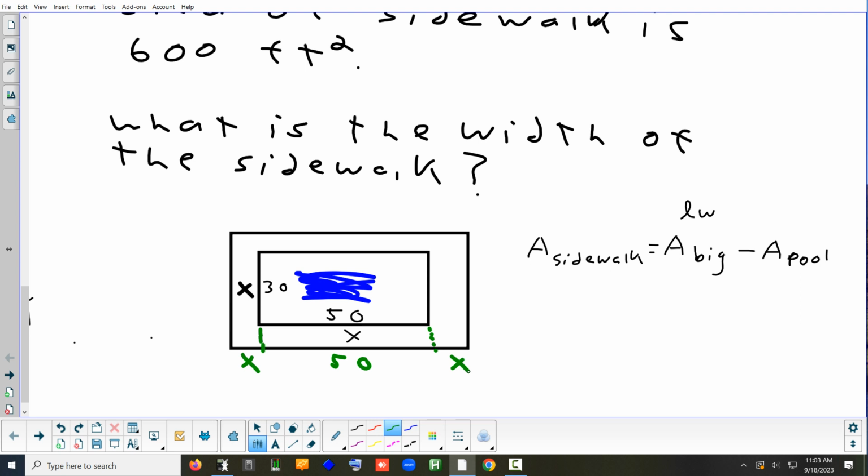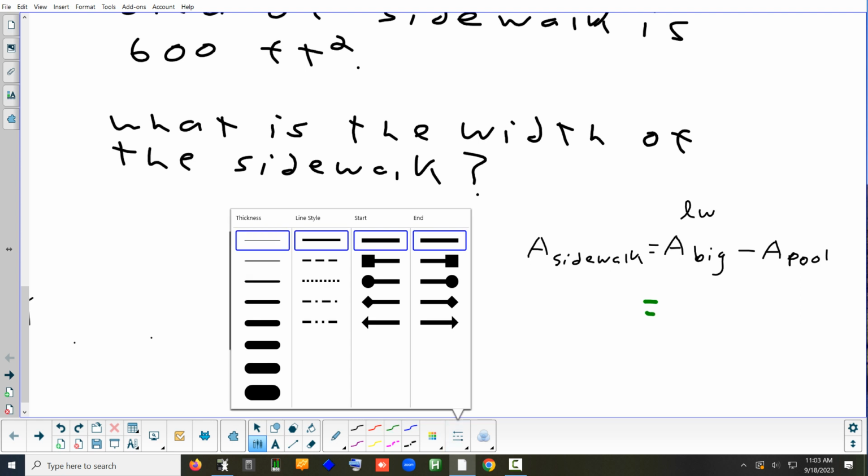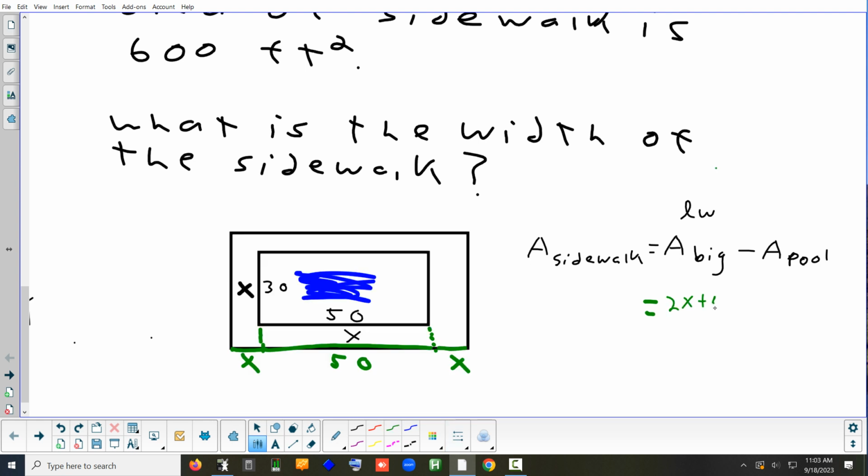So what would be the total length of this, that, and that? 2x plus 50. Okay, so the length of the big rectangle is 2x plus 50.